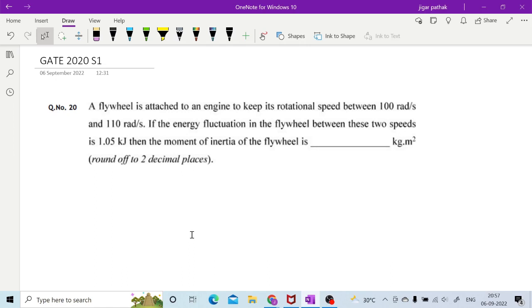Energy fluctuation is given directly as 1.05 kilojoule, and both the speeds are given, so it is directly half I omega 1 square minus omega 2 square that will give you the answer, isn't it? Yes, it will be 1 kg meter square.